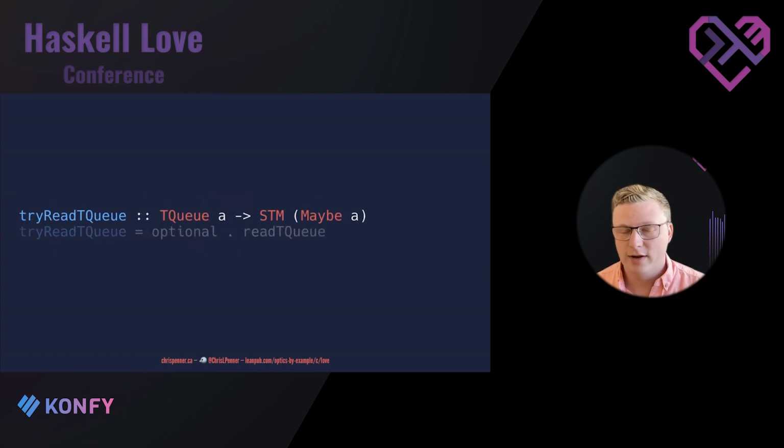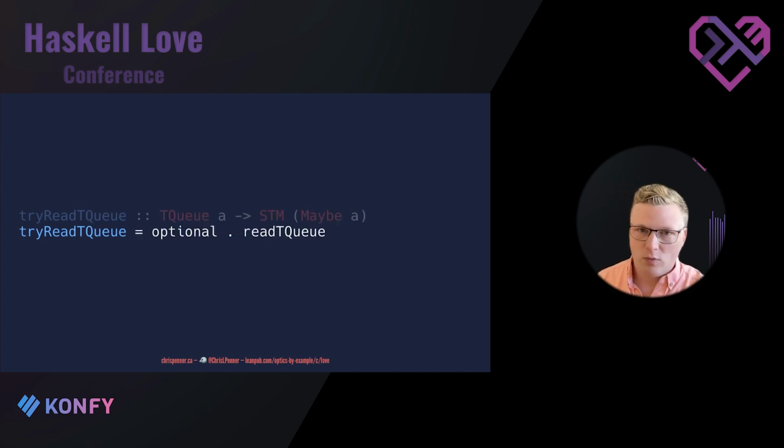Okay, here's another great example of optional being used in the wild. So we've got this read TQ operator I talked about earlier, but like I said, if you try to read from a transactional queue and there aren't any values there, it's going to retry your entire block and fail your entire transaction. That's not always what you want. Sometimes you might want to check whether I have any input available, anything on the queue, and continue on anyway, just behave a little bit differently.